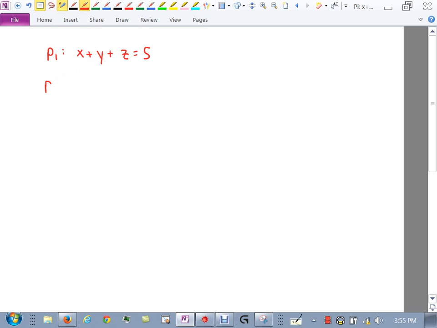I give you the other plane, plane 2: 2x minus 4y plus 7z minus 10 equals 0. I want to find the angle between these two, which means I just need to find the angle between their normals, right? Well, what are the normal vectors of these two planes?